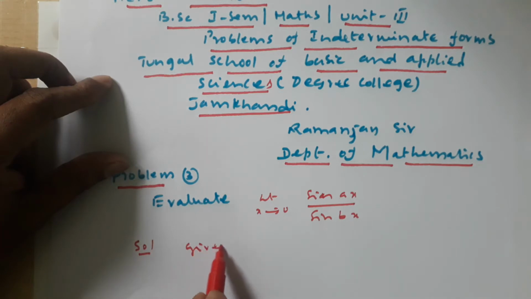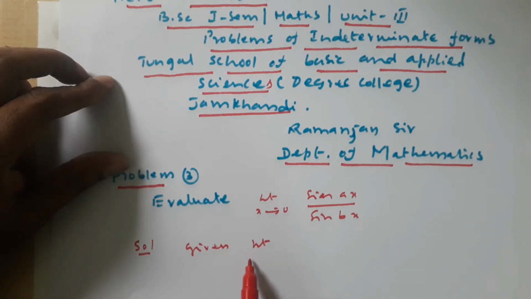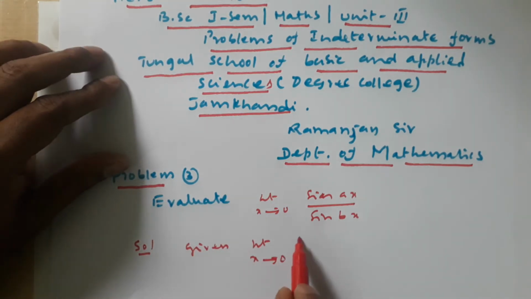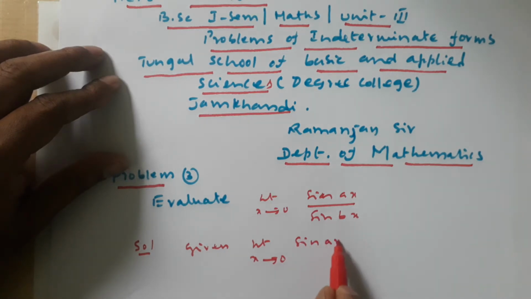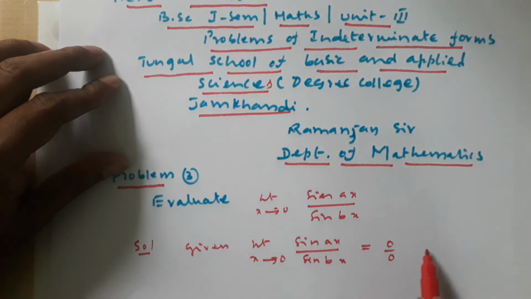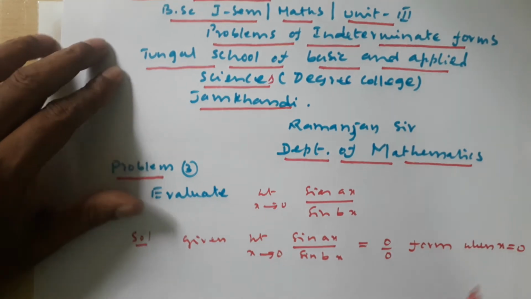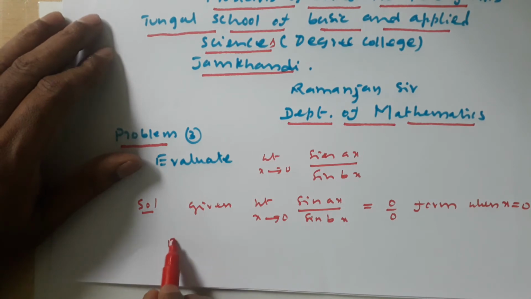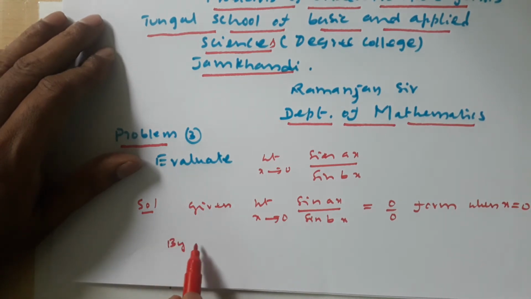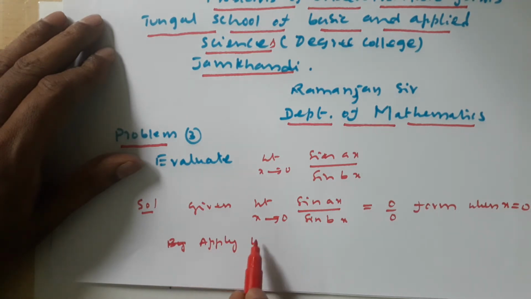Given limit x tends to 0 sin ax by sin bx is equal to 0 by 0 form when x is equal to 0. So apply L'Hospital rule.